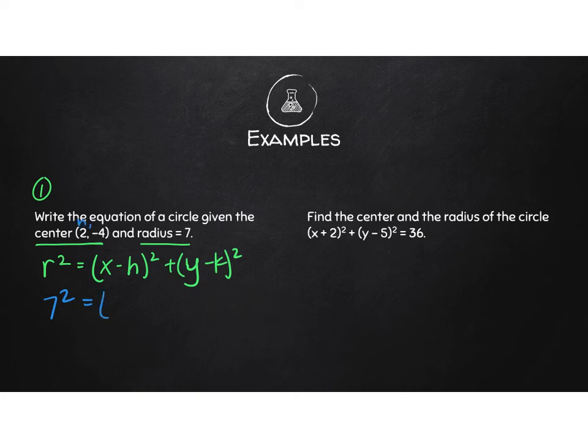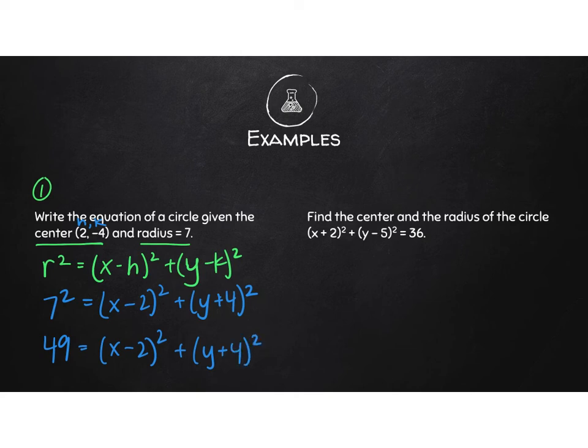Remember, the center is h comma k. So we're going to do x minus h is x minus 2 squared, plus y minus k, minus negative 4, is the same thing as y plus 4 squared. From here, you do need to simplify just the 7 squared. So 7 squared is 49, and that equals, we're just going to bring everything else down, x minus 2 squared plus y plus 4 squared.